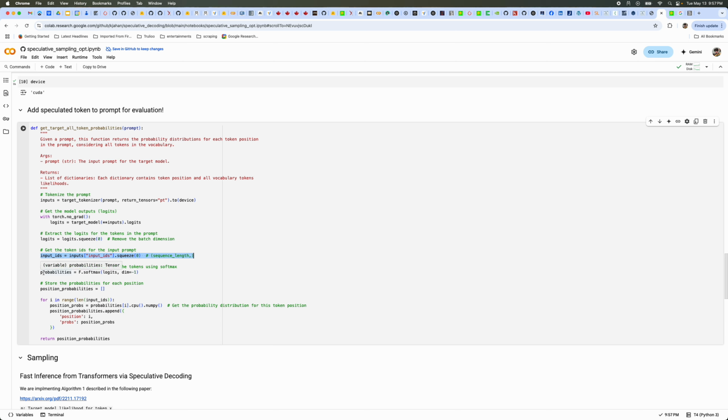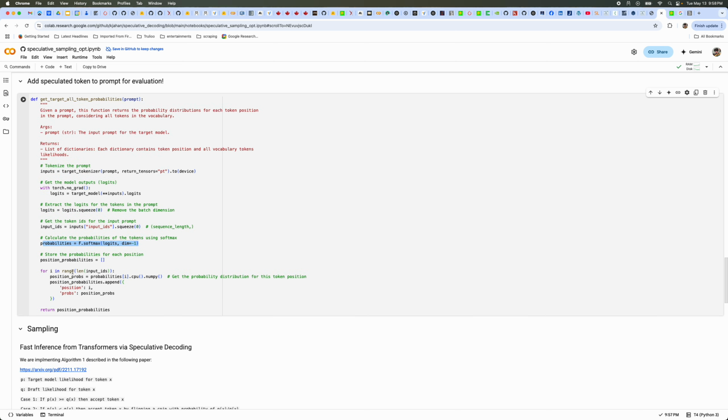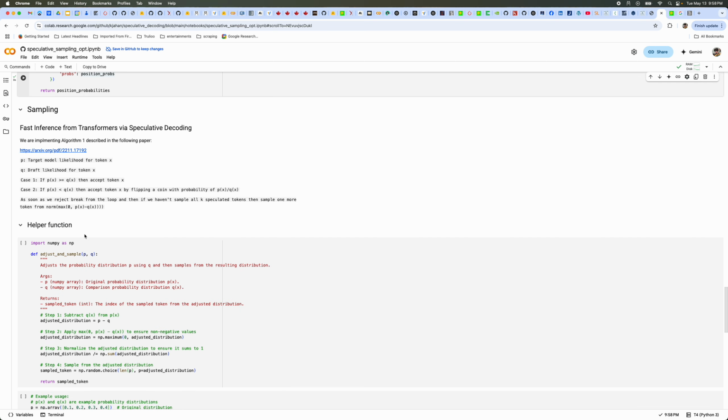Here I'm turning the logits into likelihoods by passing them to softmax. For each token in my prompt, I'm going to get the likelihood from the target model. So let's run this.